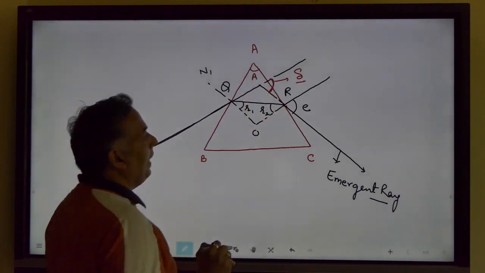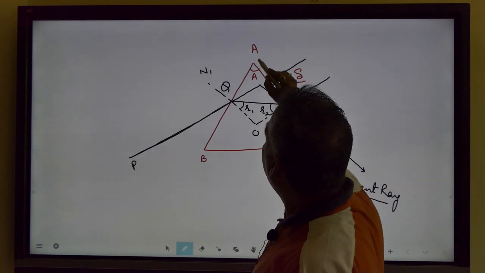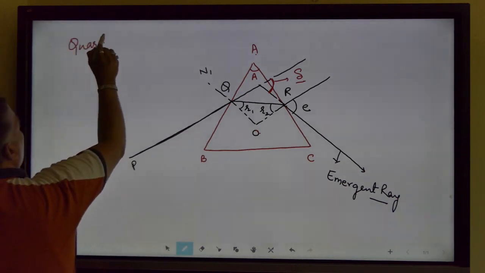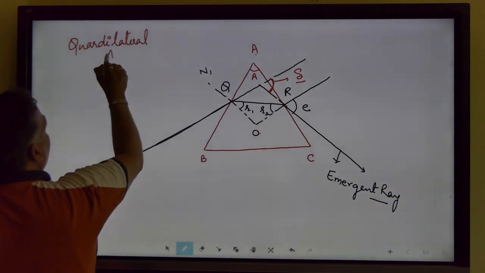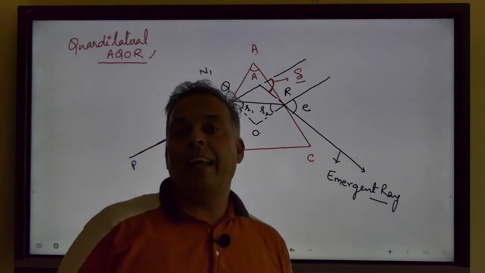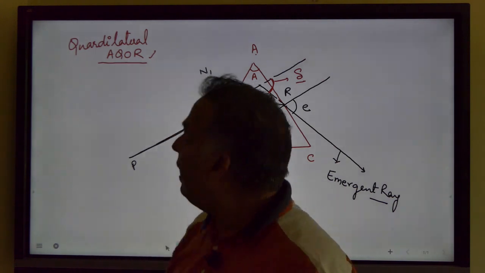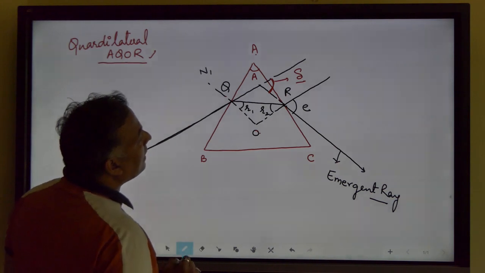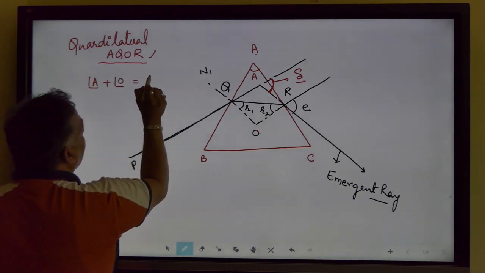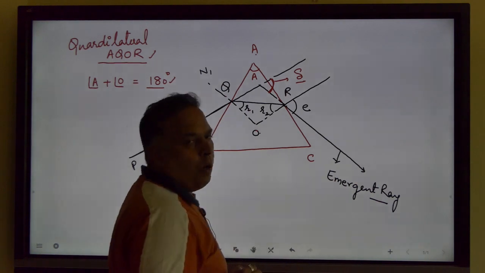and this was angle A. Now in this case, if you see a quadrilateral, that is A, Q, O, R. Always the sum of opposite angles is 180 degrees in a quadrilateral, or we can say all the angles sum to 360 degrees. So in this quadrilateral, angle A plus angle O is 180 degrees.